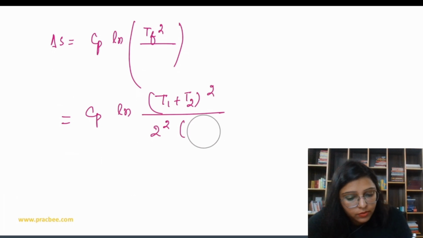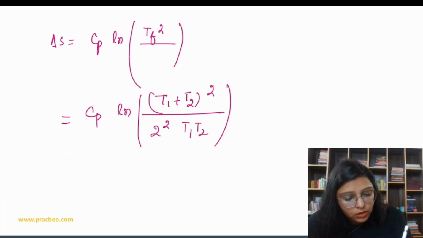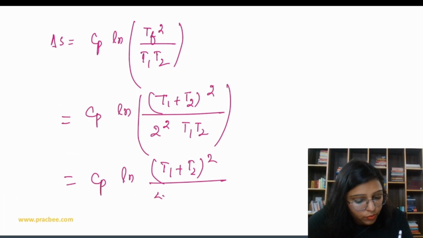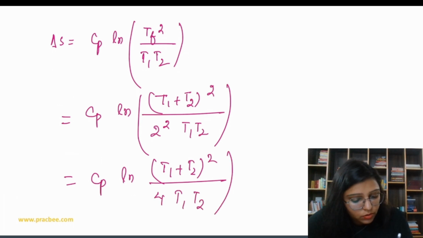Here in the denominator we have to write T1 and T2, not T1 plus T2. Okay, so this is going to be Cp ln (T1 plus T2) square upon 4 T1 T2.